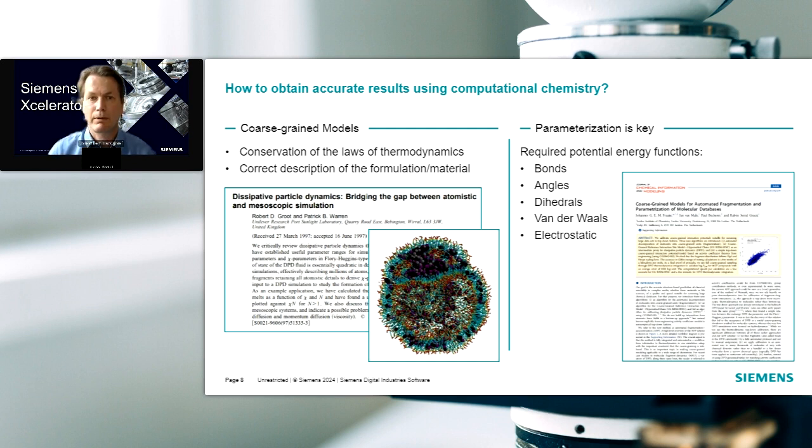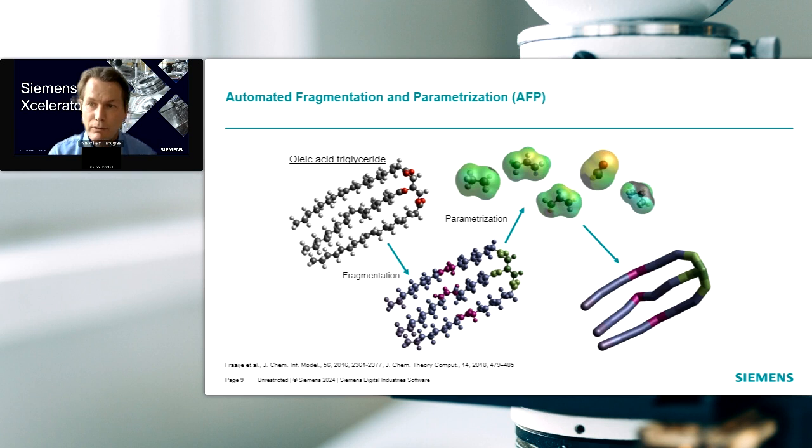The idea is that you start off with a fully atomistic model that's either available in your database or in our database. We can also construct these models or import them from other software solutions. From there, we do an automated fragmentation using Monte Carlo algorithms to cut up the molecule into these coarse-grained particles.